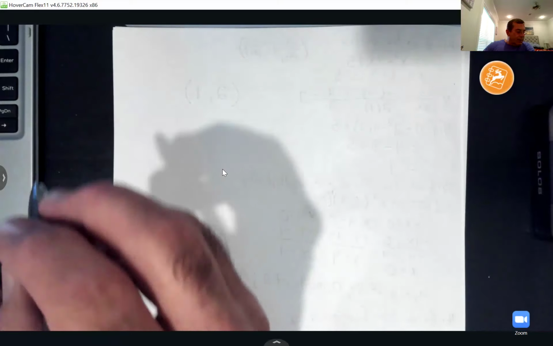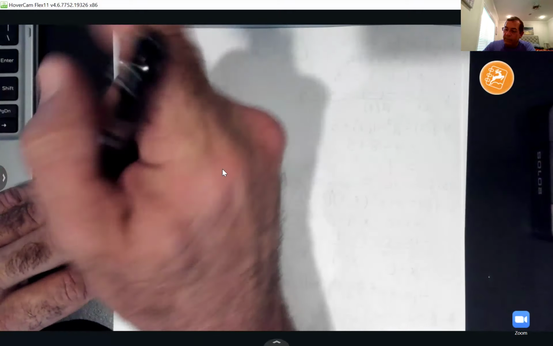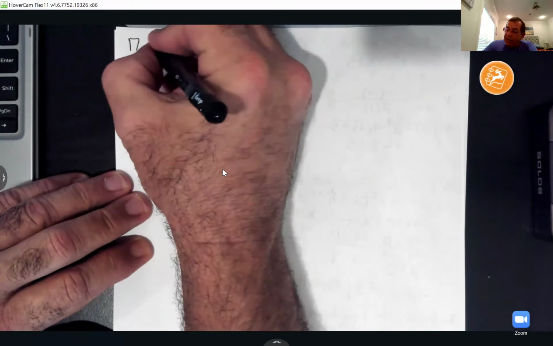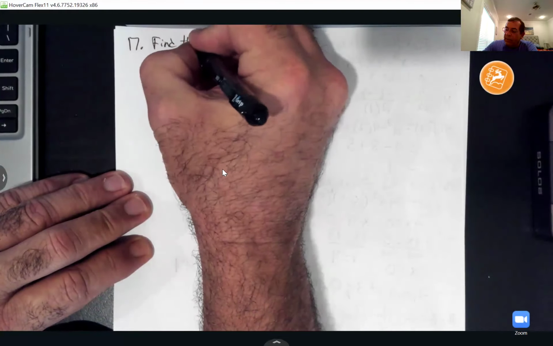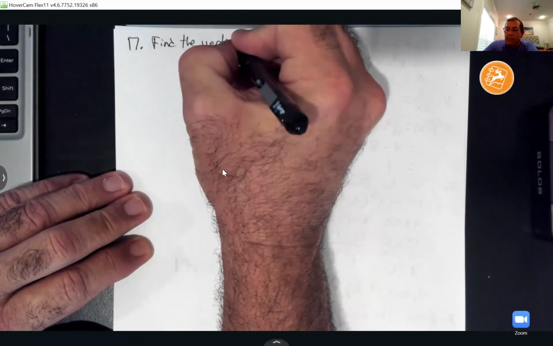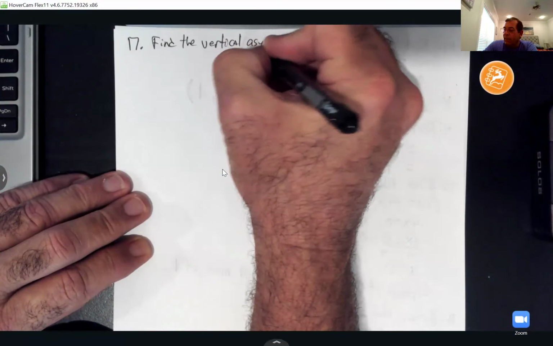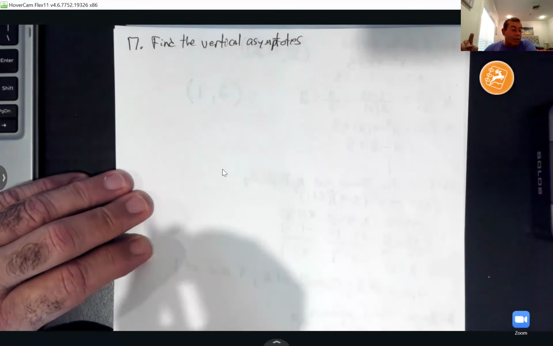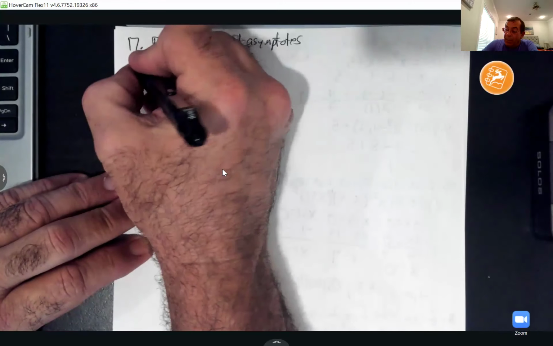All right, y'all, let's see. What's this? 17, it looks like. All right, 17, find the vertical asymptotes. Now this is just like finding a domain, remember.